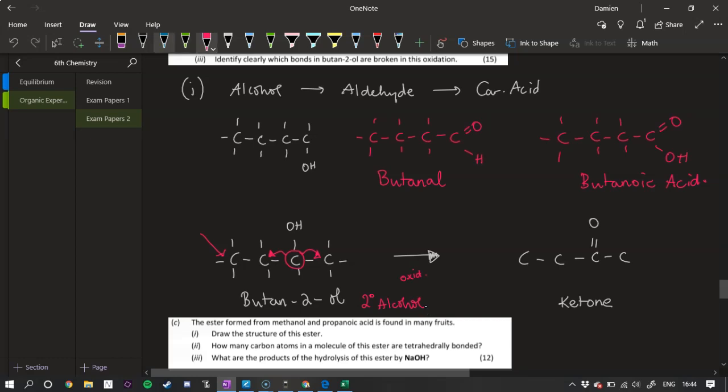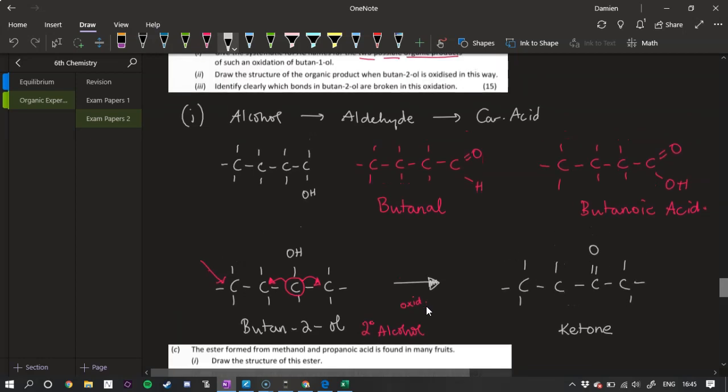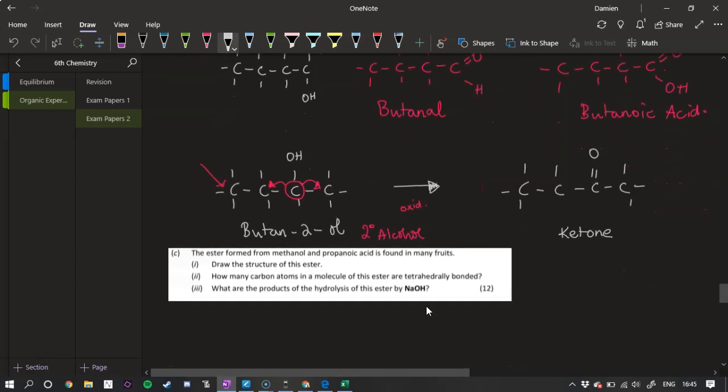So again, 4 carbons, and then surrounded by hydrogens. It asks you in this just to draw the structure, and it doesn't ask you for the name, but again, this particular ketone here would be butanone, or butane-2-ol would do as well.